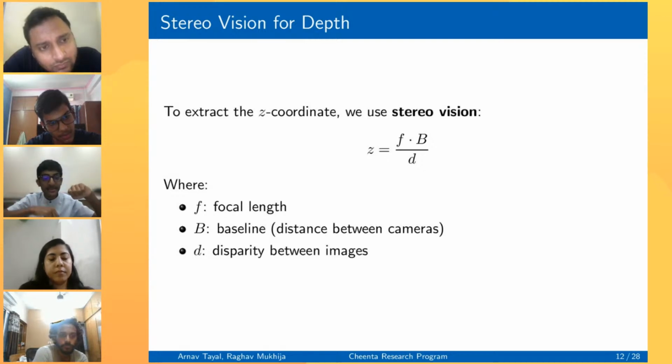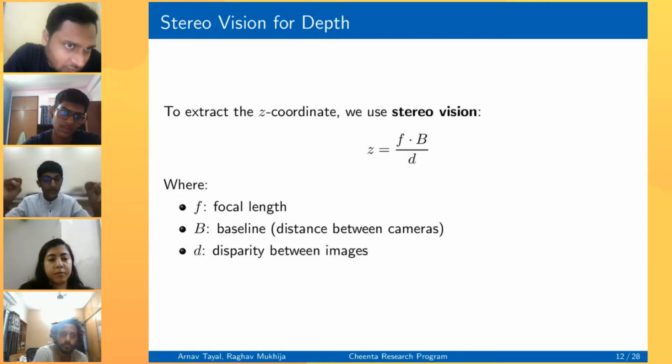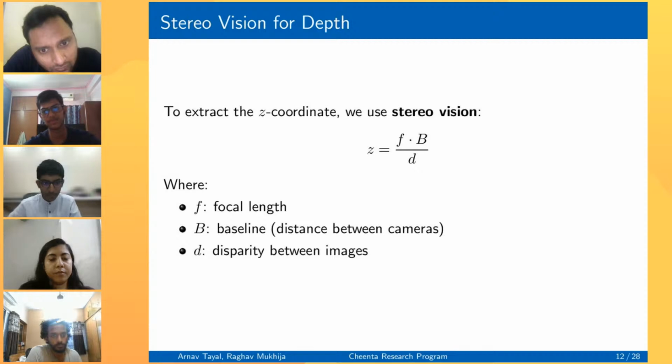This can be said as the disparity, and as I told you, it is inversely proportional to the z coordinate, hence it's in the denominator, with the baseline, which is the distance between these two cameras, and the focal length of the cameras. So this extracts the z coordinate. I hope that is all clear.